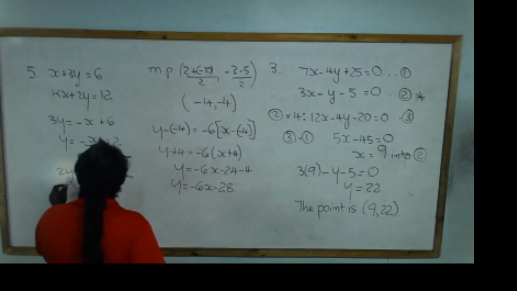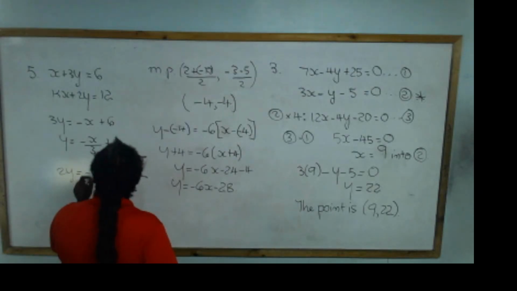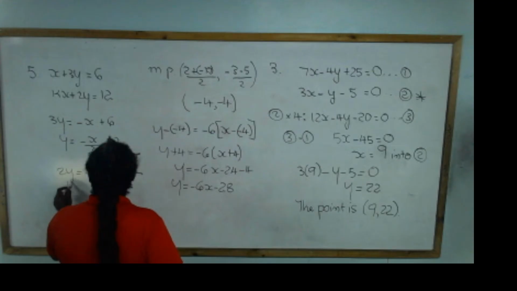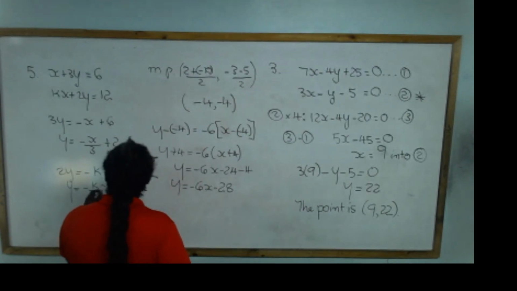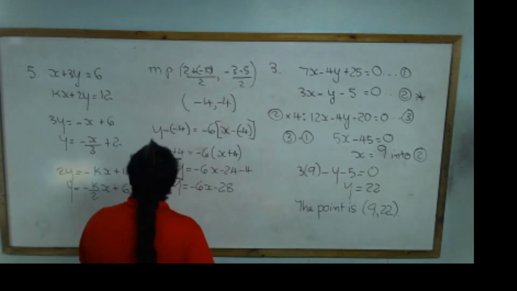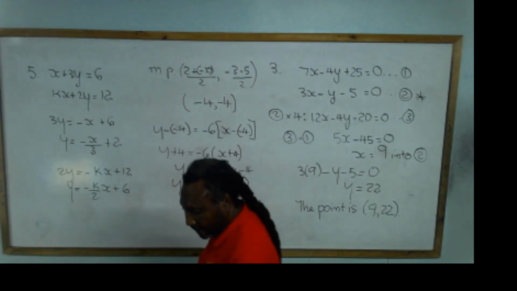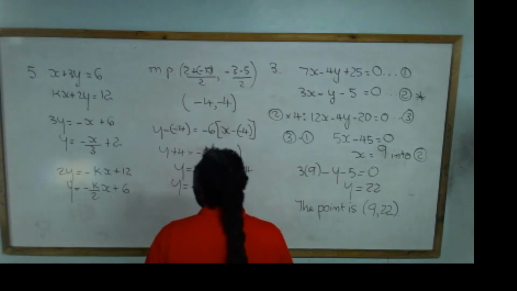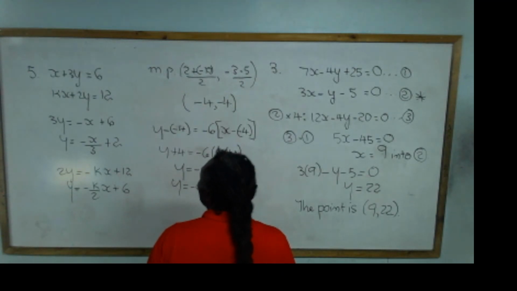2y is equal to negative kx plus 12. So y is equal to negative k over 2 x plus 6, correct? Yes. What is that kx?